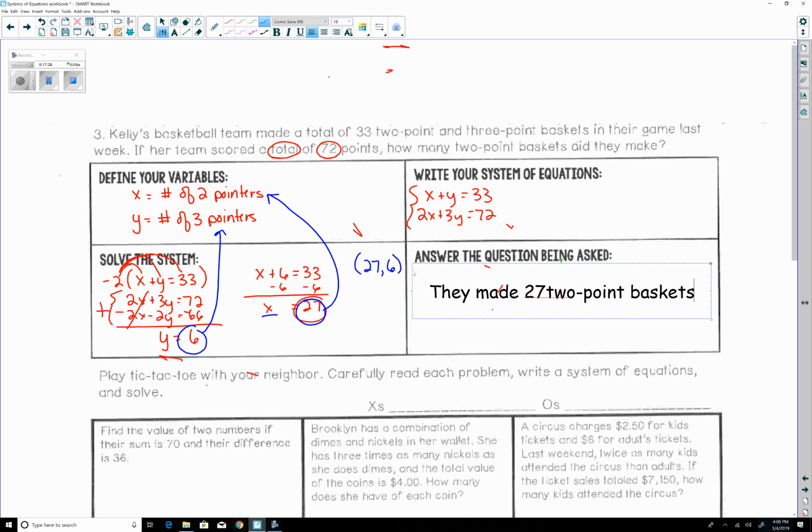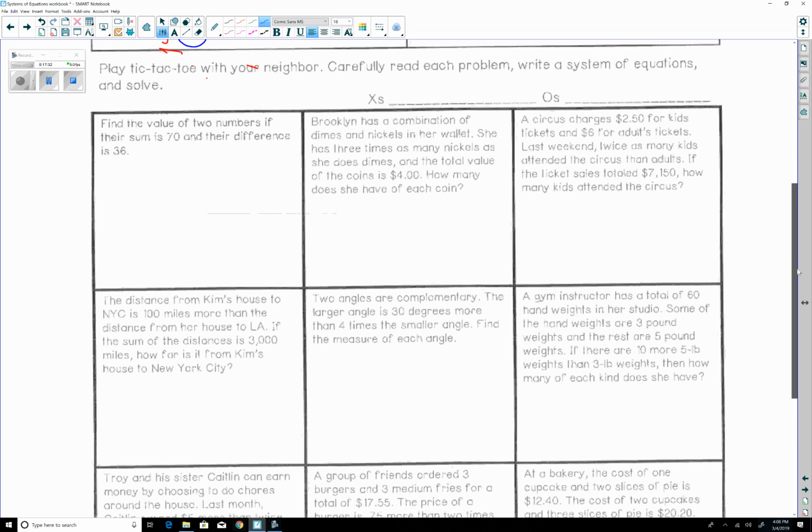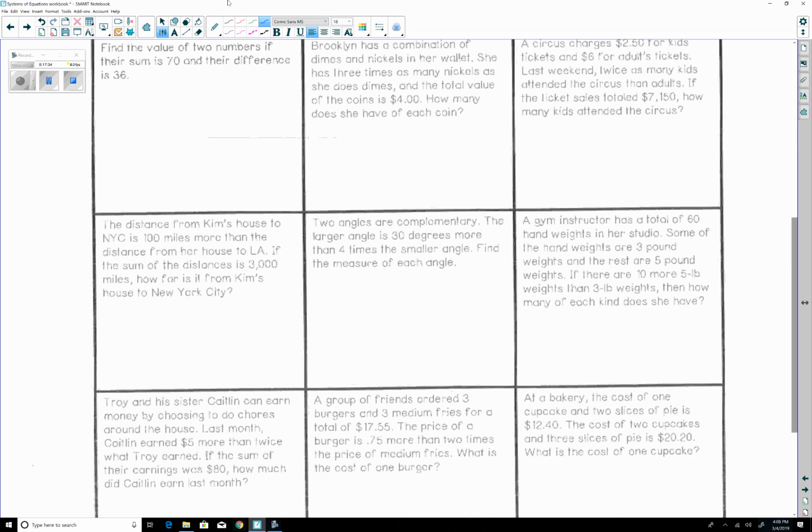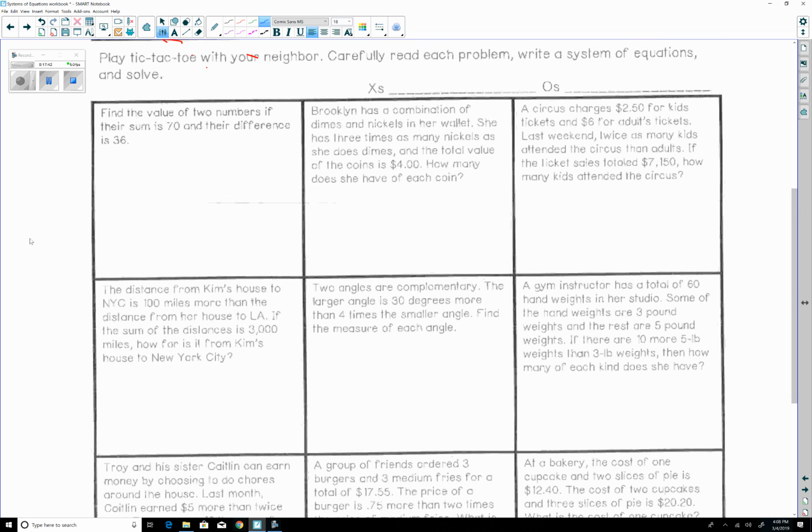I was planning on setting up these equations at the bottom here, trying to figure out what we would call our variables and actually setting up the system. But these are actually very involved, and I've already gone 17 minutes. So what I'd like you to do, if you have the time between now and class tomorrow, is try to identify the x and the y. Like in the first one, find the value of two different numbers if their sum is 70 and their difference is 36.